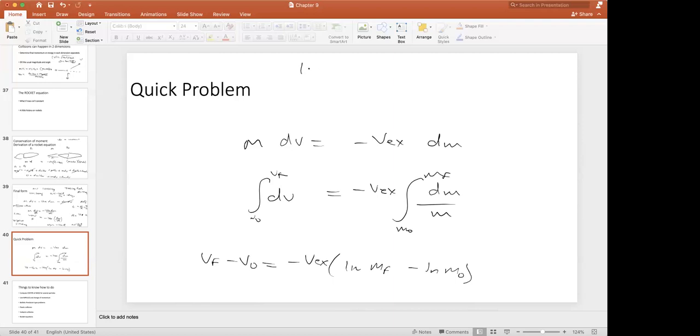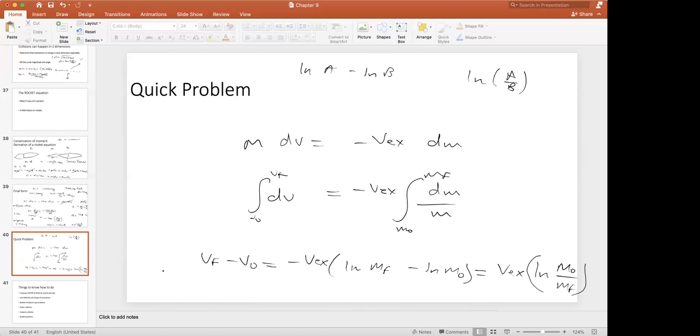Another way to write, though, ln of a minus ln of b is ln of a over b. But if I flip it with this sign, this becomes vex ln of the initial mass over the final mass, right? Hopefully that makes sense to you.